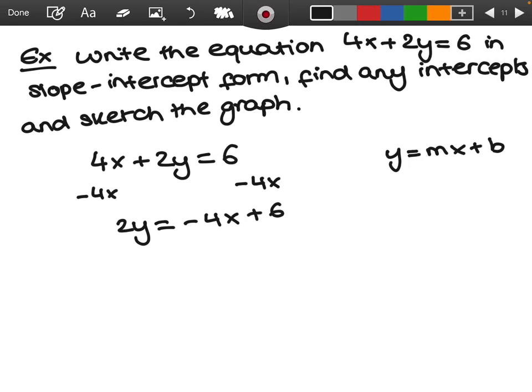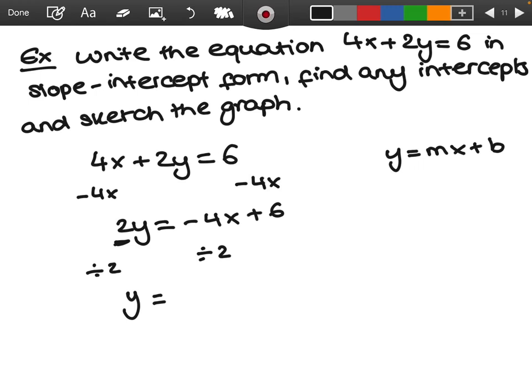Then my left-hand side is fine, except I have this coefficient of 2 in front of the y, which I would really like to get rid of because I want it in the form y is equal to something. So if I divide both sides by 2, my left-hand side becomes y, and then I've got to divide every single term on my right-hand side by 2.